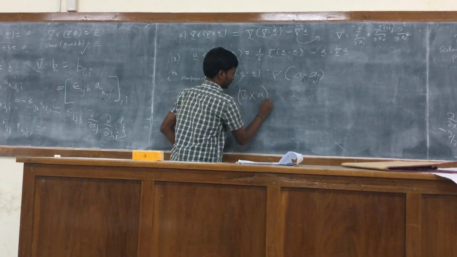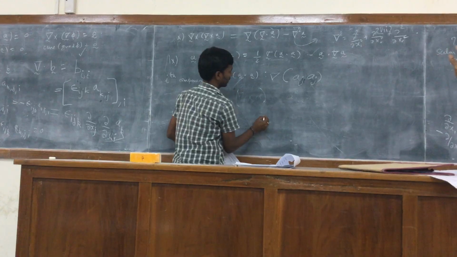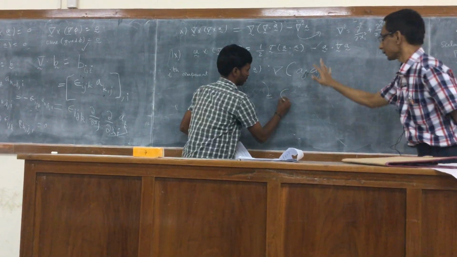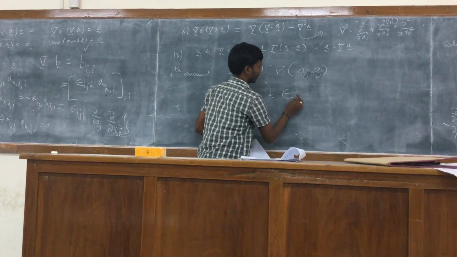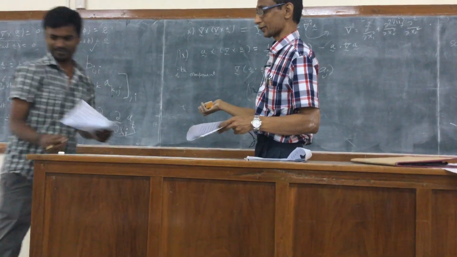Slowly running out of time. I don't want the cross product. I want the gradient of A_j. Do you understand it or not? Yes, he's already taken the gradient. No epsilon, he's not following. Yes, you can come back and write.